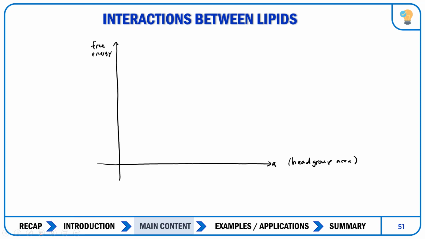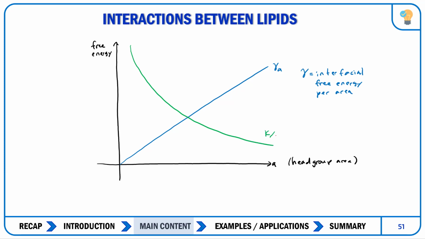There are two curves that we plot. One is like this. We give it a label of gamma A, and we say gamma is the interfacial free energy per area. We also have another curve that looks like this.